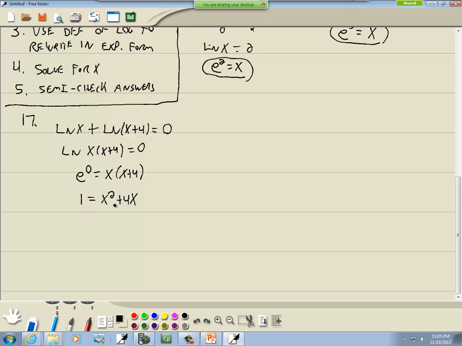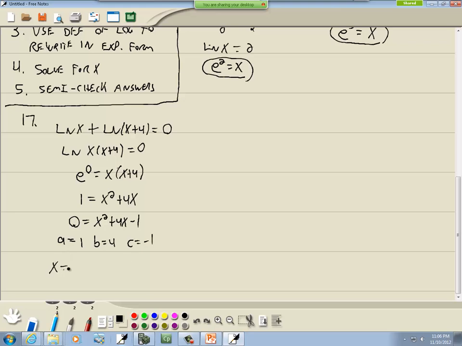This is a quadratic, so we want to get everything over one side. So I'll take the 1 over. So we've got x squared plus 4x minus 1. This doesn't factor, so I have to use the quadratic formula. A is 1, B is 4, and C is negative 1. A is the number before your x squared, B is the number before your x, and C is the number at the end.